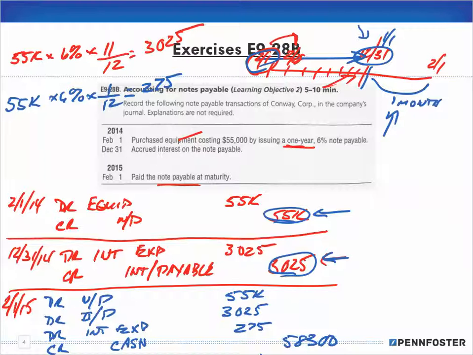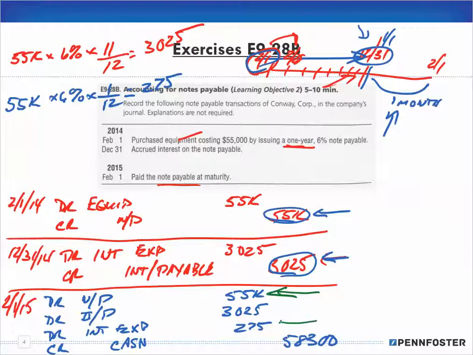Now, realize what I did here in making this journal entry. Am I affecting cash? Yes, because I'm paying the note payable, but I'm not making that portion of the entry first because I don't know what it is. I know what my note payable is, but I don't know the total amount of the interest.